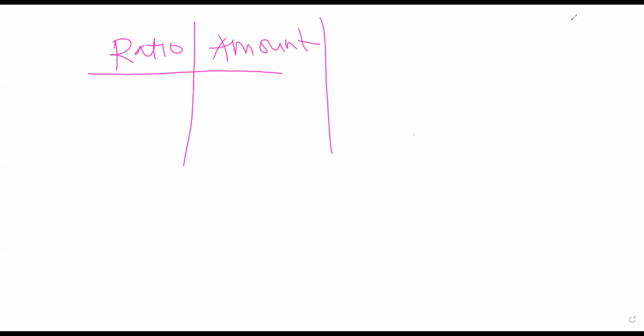So we know Baba's share, right? And the ratios under discussion and the amounts. I love to use this to solve this question.